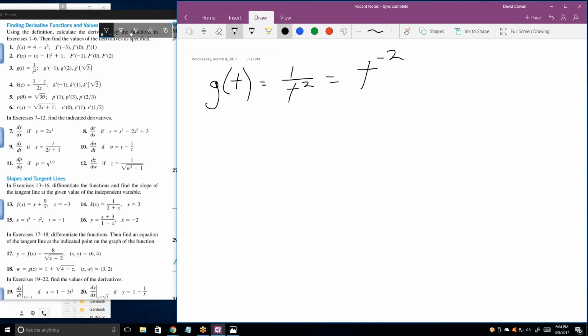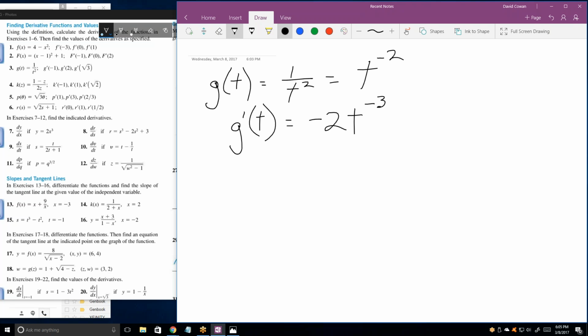But once I write it like this, now what's g prime of t? Negative 2t. Negative 2t to what? Remember, you always subtract 1 when you're doing negative 3. Correct. Negative 3. Yeah.